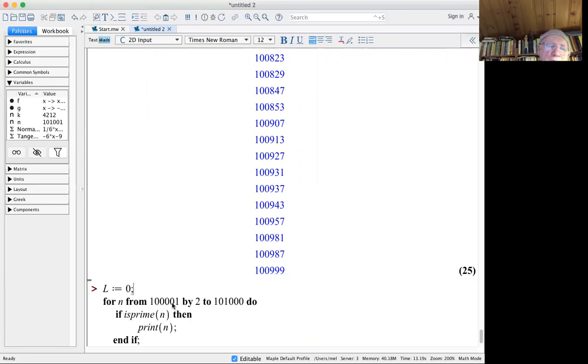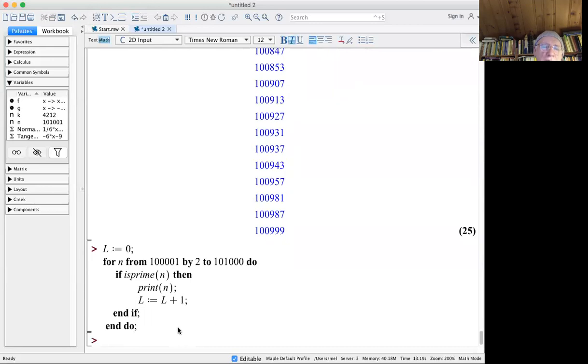As I go from 100,001 to 101,000, if n is prime, then I print out n. And also, I add 1 to L. The way you do that in Maple is this says, let L be equal to the previous value of L plus 1. And when I'm done, let's print L.